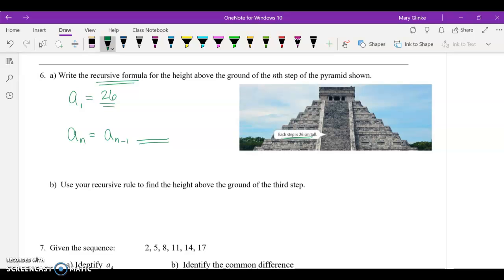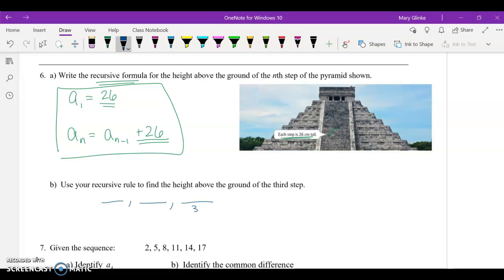And then as we increase, each step is going to be adding 26 centimeters more to the previous step. So our first step is 26, and to get to the next one, we add 26 to that. So we're going to use our recursive rule to find the height of the third step.